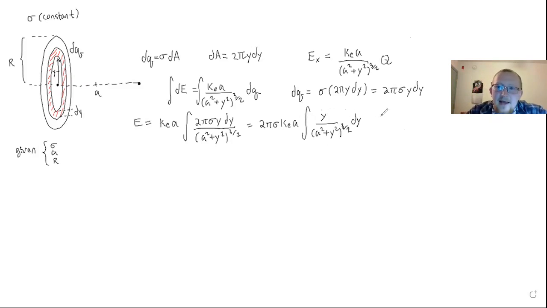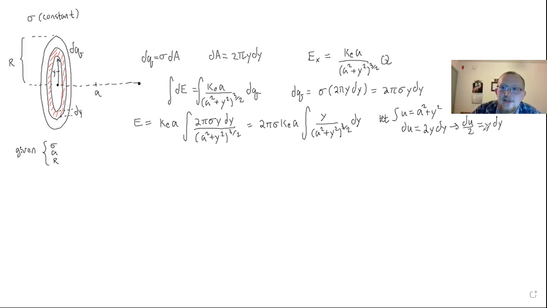So we'll let u be defined as a squared plus y squared. Then du would be 2y dy, and we can rearrange that, dividing both sides by 2, to say du over 2 equals y dy.